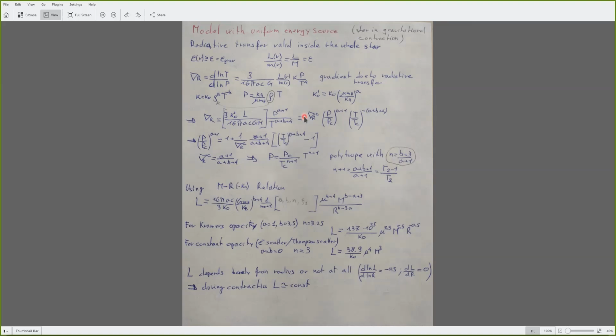We will see later the characteristics of this area, and they move toward the main sequence more or less in a horizontal direction. That means that during the contraction, the stars maintain the luminosity up to the main sequence. It is just from contraction.